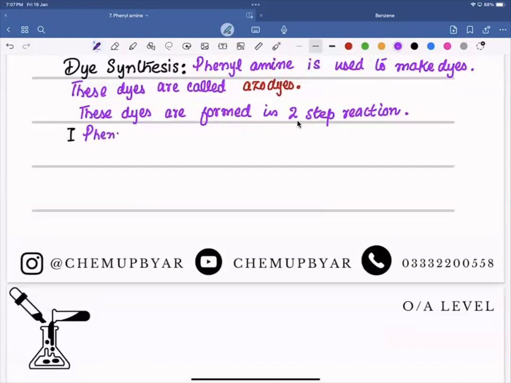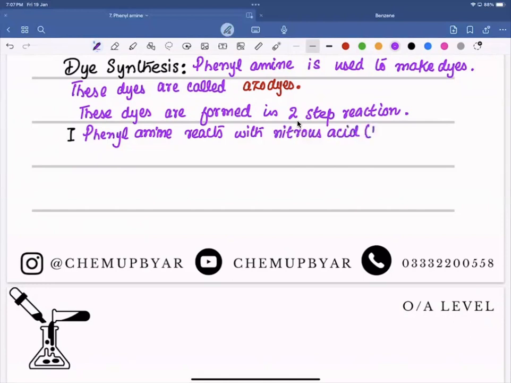So in the first step, phenylamine reacts with nitrous acid, also called nitric 3 acid, to form diazonium salt.